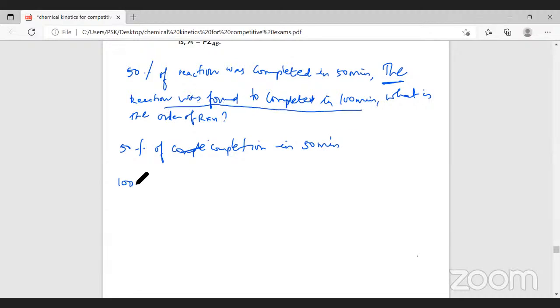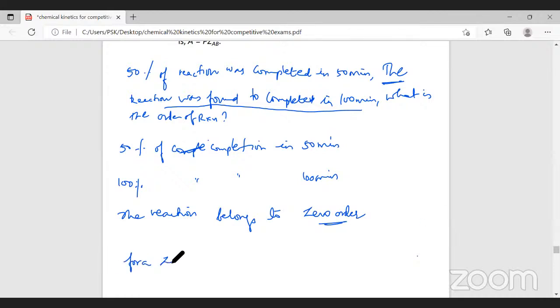That means 100% of the reaction is completed in 100 minutes. So the reaction belongs to zero order reaction. This reaction belongs to what order? Zero order. Why?